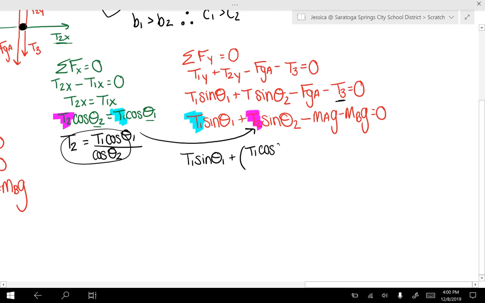So this is cosine theta 1 over cosine theta 2 times the sine of theta 2 equals, and I'm just going to move these over to the other side since I'm solving for T1. So this ends up being MBG plus MAG.